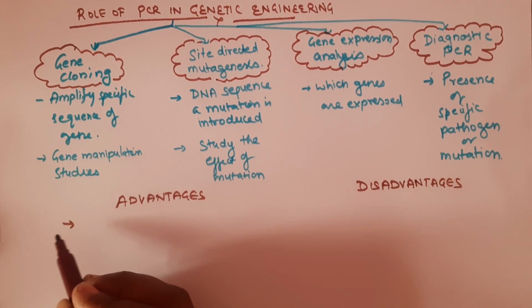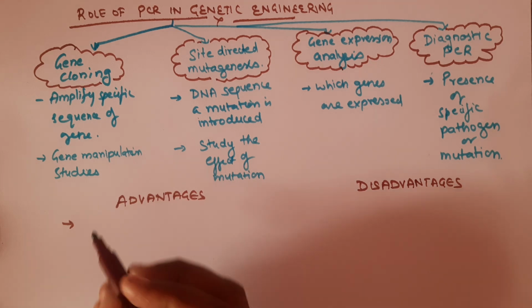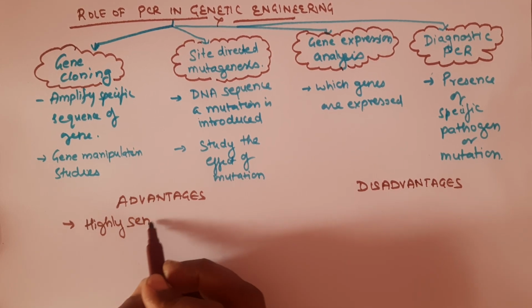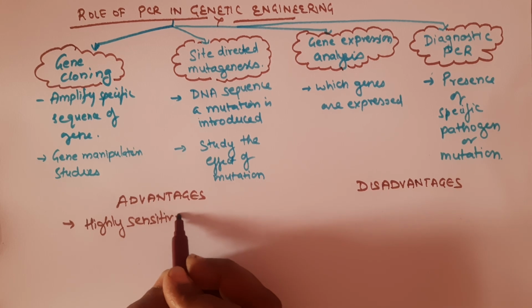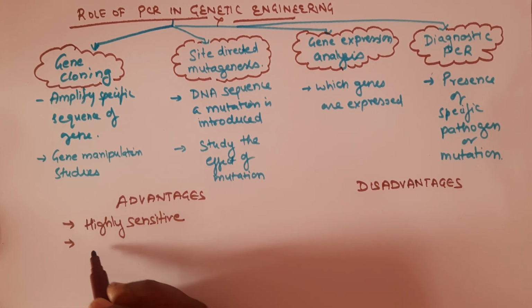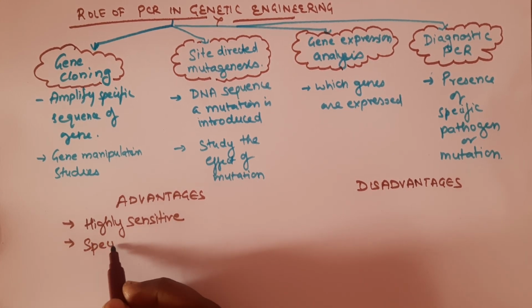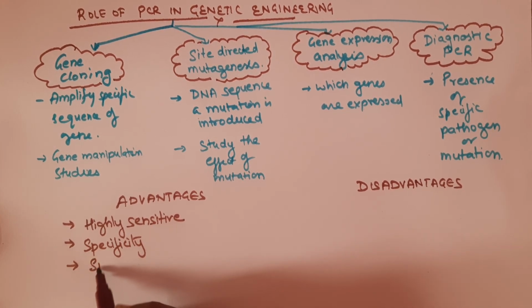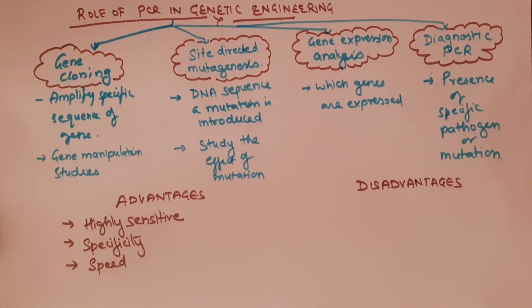First, we will talk about the advantages. It is highly sensitive. It means that even if we have a very small trace amount of DNA, it will amplify it. Specificity: if the primers are properly designed, then only the specific DNA sequence will be amplified. Speed: it is a very fast process, completed within a few hours.